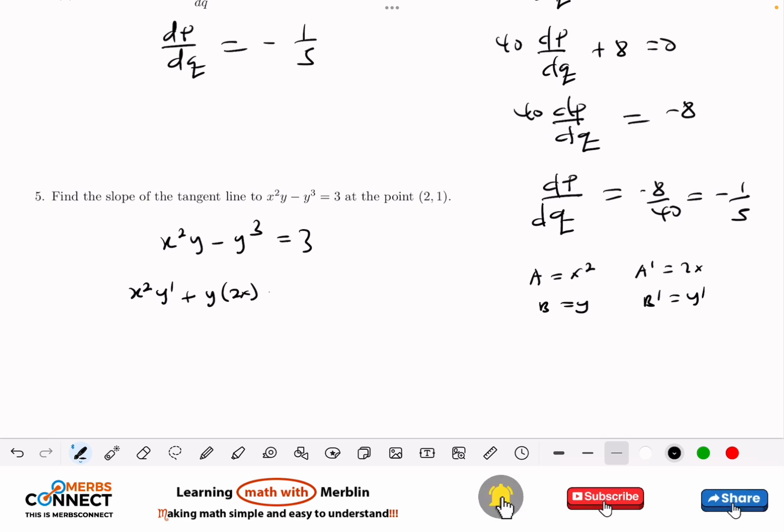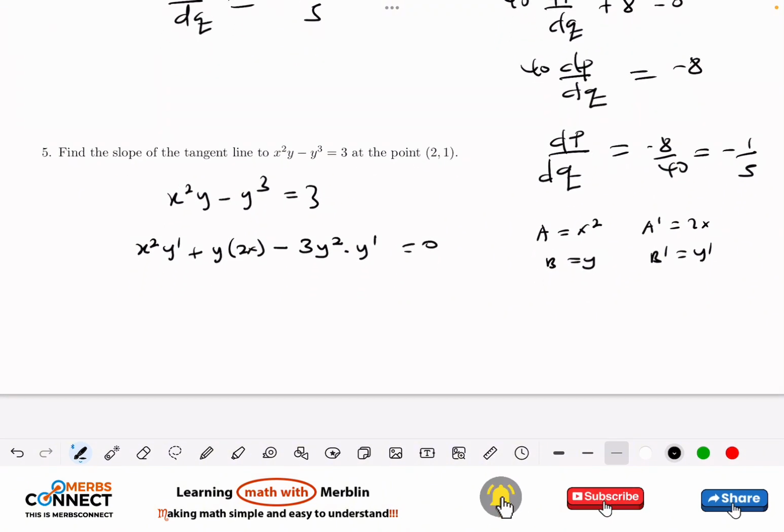Now, when I want to differentiate y to the power 3, I think of differentiating x to the power 3. So based on the power rule, this one is going to be 3y squared. But we are going to multiply it by the idea of the chain rule, dy over dx, which I can write as y prime, which is equal to 0.